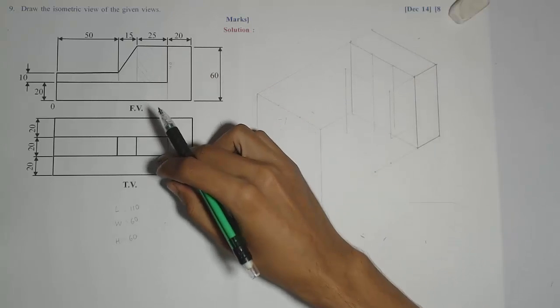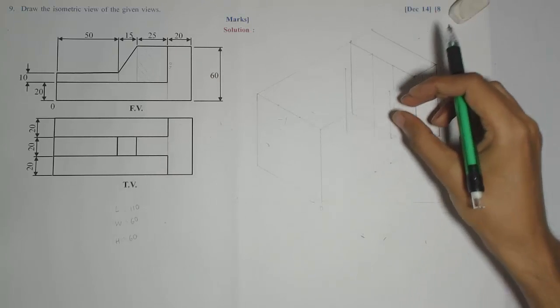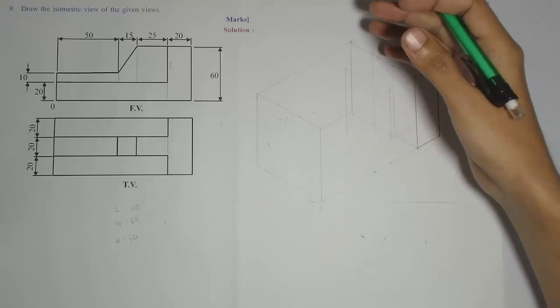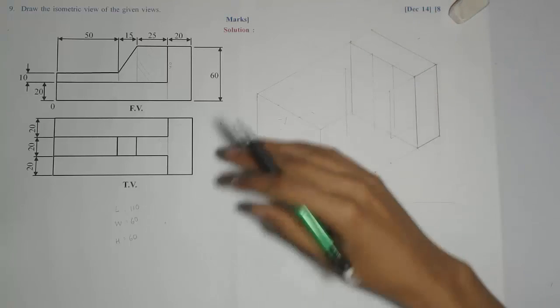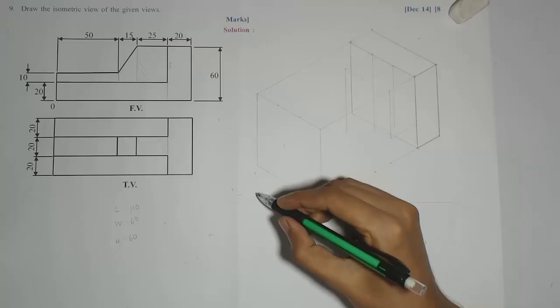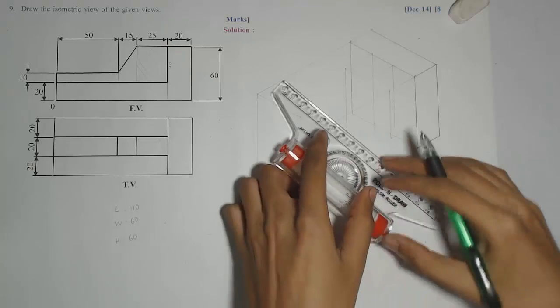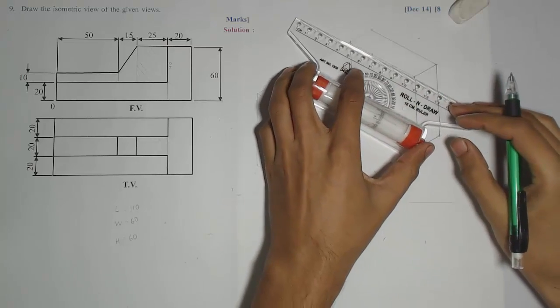Here front view and top view are given. So after projecting these projectors, we will first be able to locate the side view, meaning the view which is visible in this direction. So now we will see how to first mark the side view.